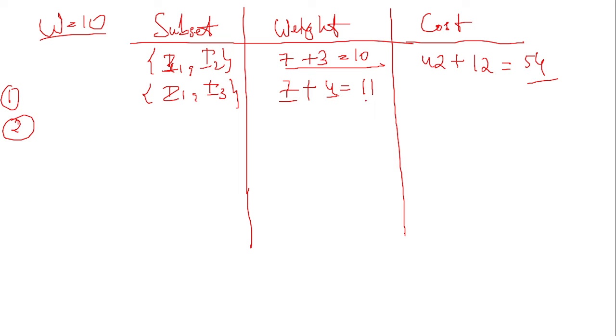As you can see, my first condition fails: the total weight of items has exceeded the maximum weight. 11 is not smaller than or equal to 10. So I'll not go to the second condition. I'll not even calculate the cost, because if I add those items, the bag will rip off. So I'll not add these items into the bag.